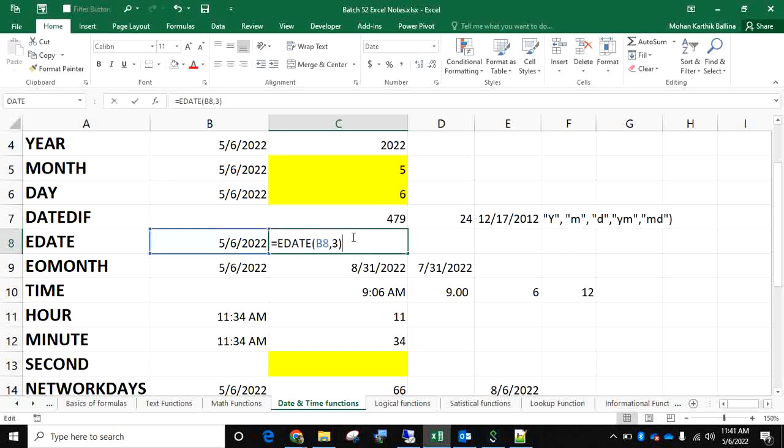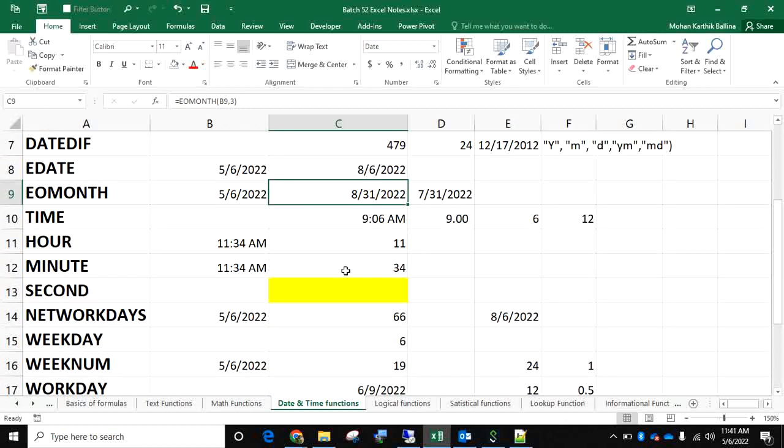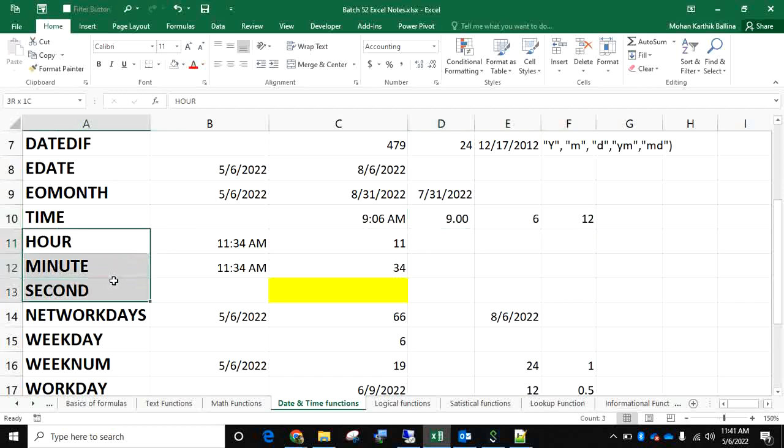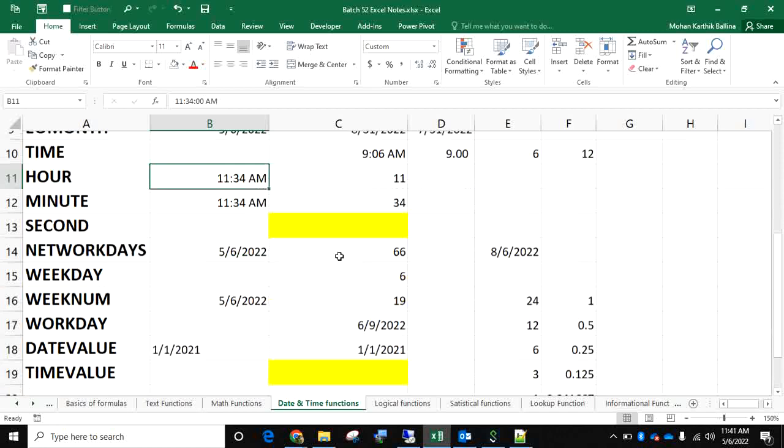E-date. If you have a work started and you take 3 months, it will give you the estimated date. E-o month, both are same, but it will give you the last date of your month. Time is also used to create a time by using the hours, minutes, seconds. You can extract the hours, minutes, seconds from the time.